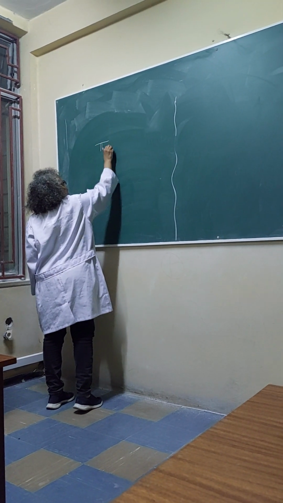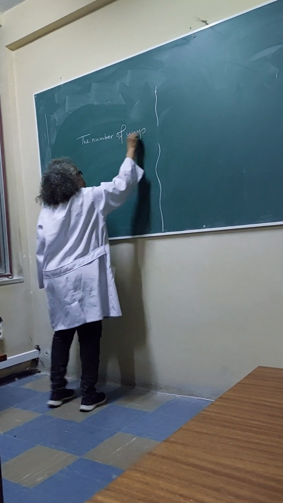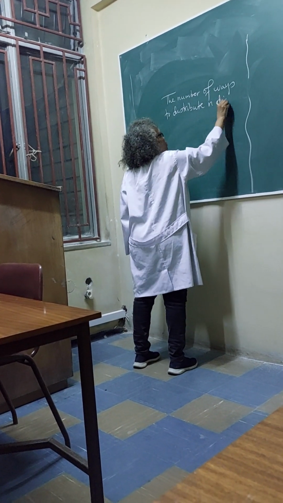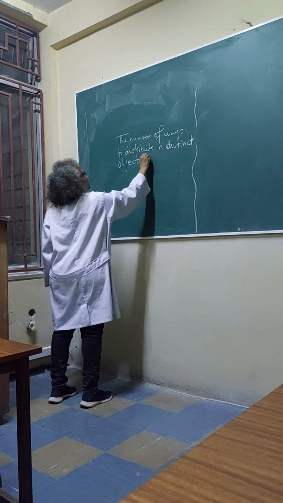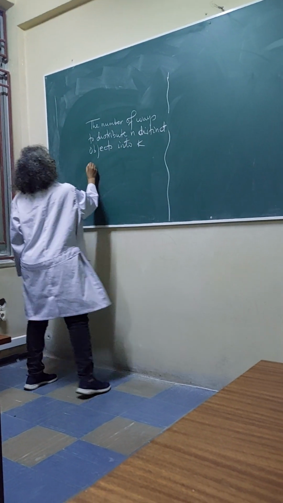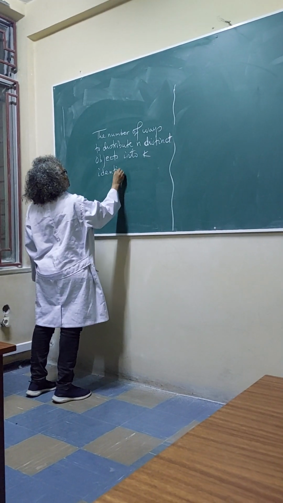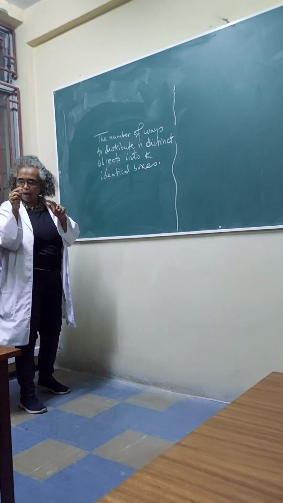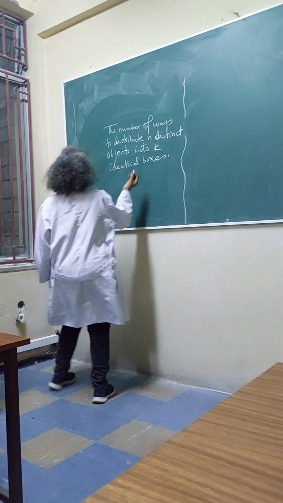So the number of ways to distribute n distinct objects into identical or indistinguishable boxes. Okay? Now I'll start with small values of n and k.